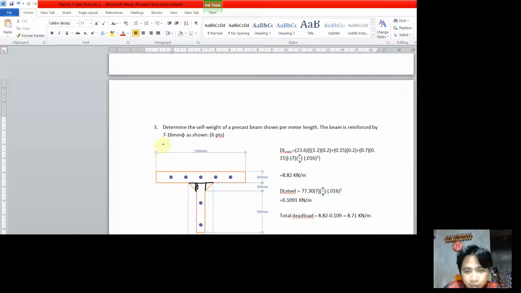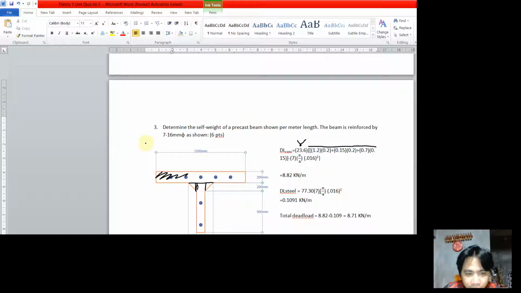Okay, so this is gamma and this is the volume. First we have 1.2 by 0.2.